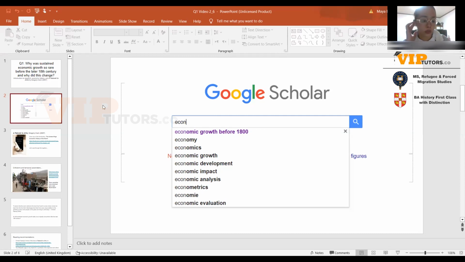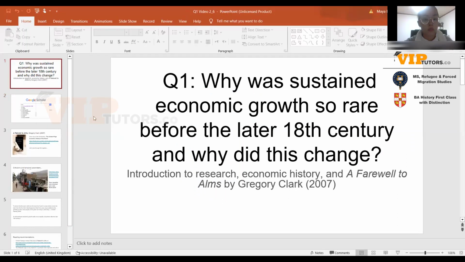So we're going to be looking at economic history for this. And economic history is quite an interesting one because it's divided into people who use mathematical formulae to explain historical economic change in historical time periods.